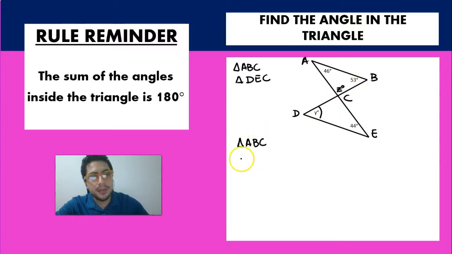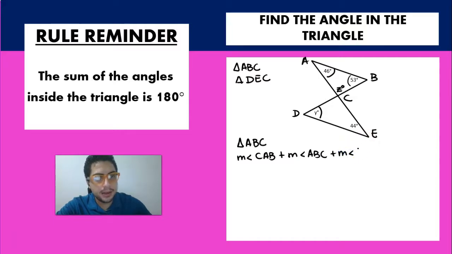So we're going to have that the measurement of angle CAB, which is this one, plus the measurement of angle ABC, which is going to be this one, plus the measurement of angle ACB is going to be equal to 180 degrees because of the rule reminder, right?